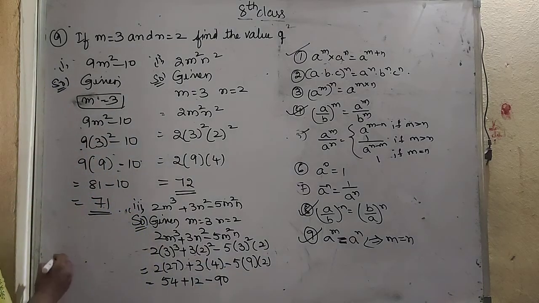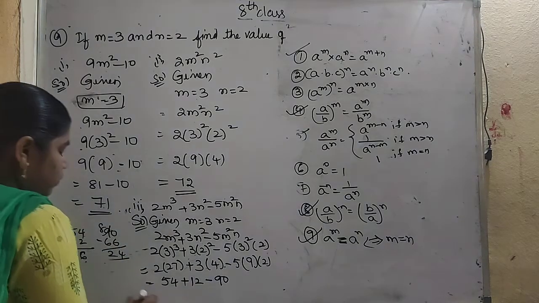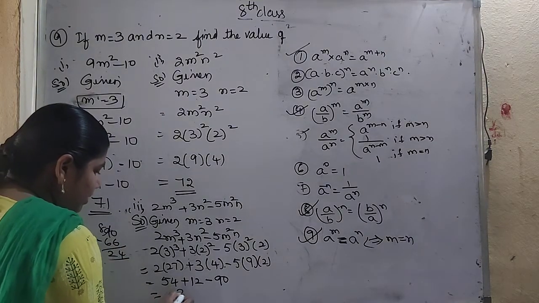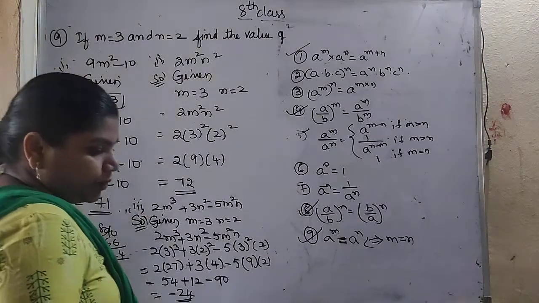Now we have to solve this. That is 54 plus 12 will be 66. 90 minus 66 will be 24. So the answer is minus 24. So what is the answer for the third question? Third question answer is minus 24.